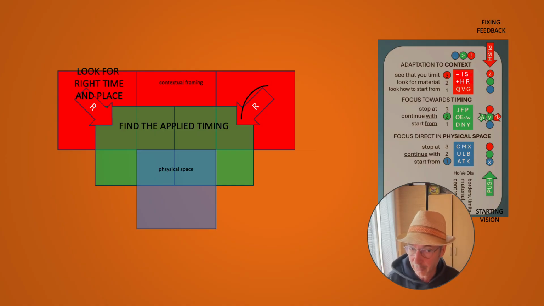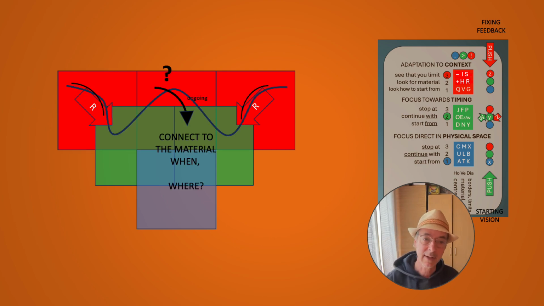And that's not easy, of course, to make a form from it, but you get the gist: you look for the material, roll into it, you find the right timing, and so on. So it is that rolling and that time trying to connect from there, that connecting to material. When it will happen and where it will happen will be decided from that focus.